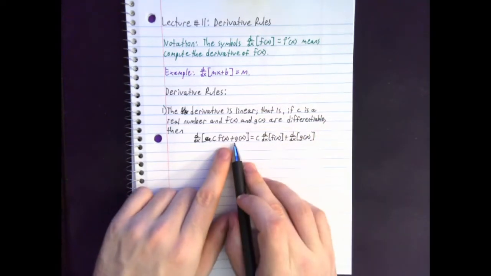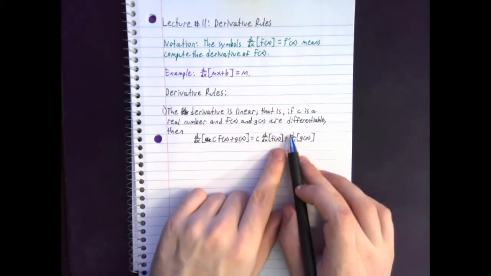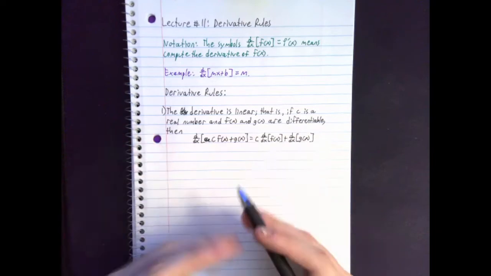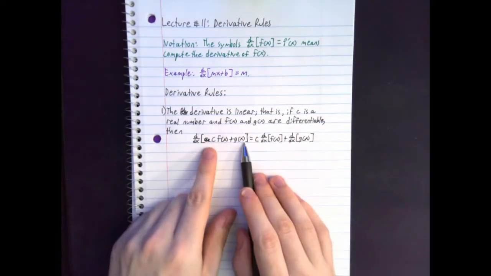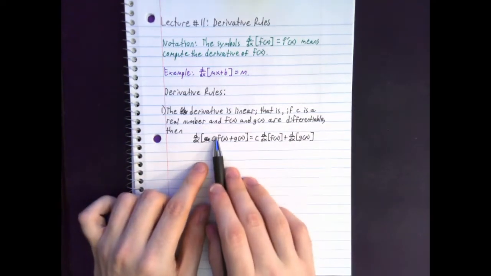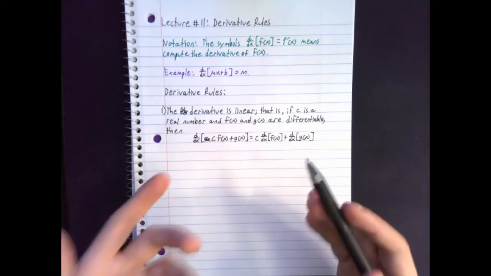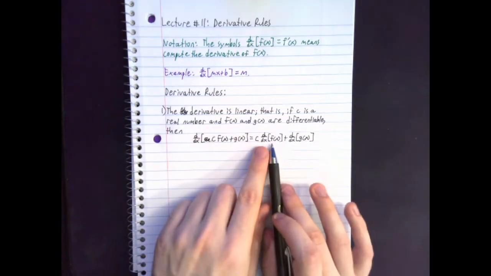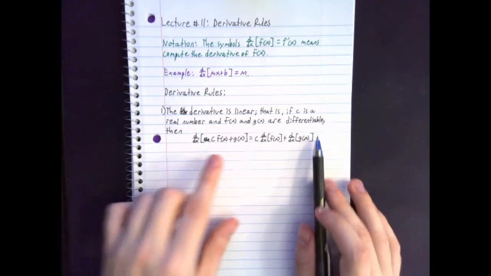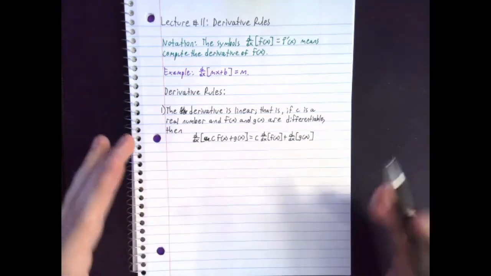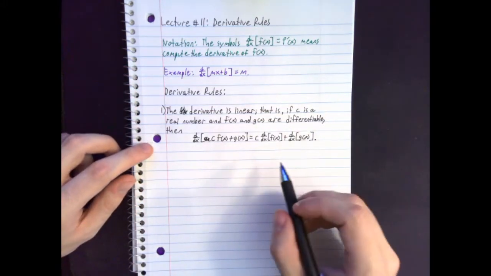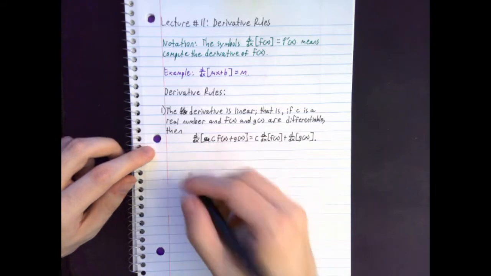And if I had had a constant in front of the g(x), there would be a constant now in front of this derivative operator. So again, all we're saying is that if we want to compute the derivative of a sum, and perhaps with a numerical scaling in front, then it suffices to just compute the derivative of each of the individual functions and split up the derivative this way. And we'll do some examples later on showing how this actually happens. Okay, so the derivative is linear.